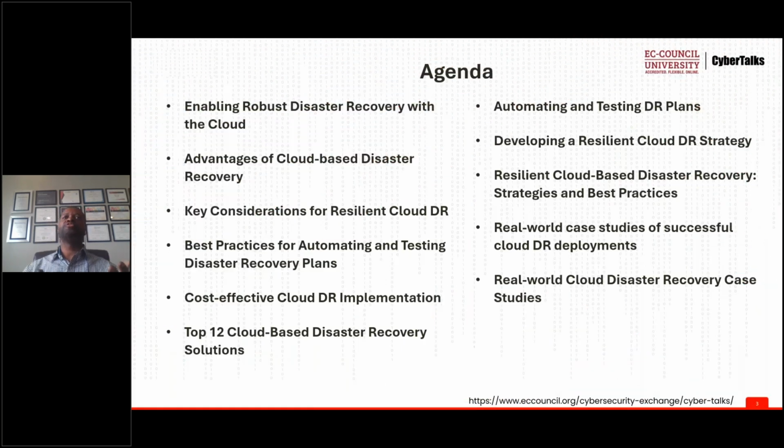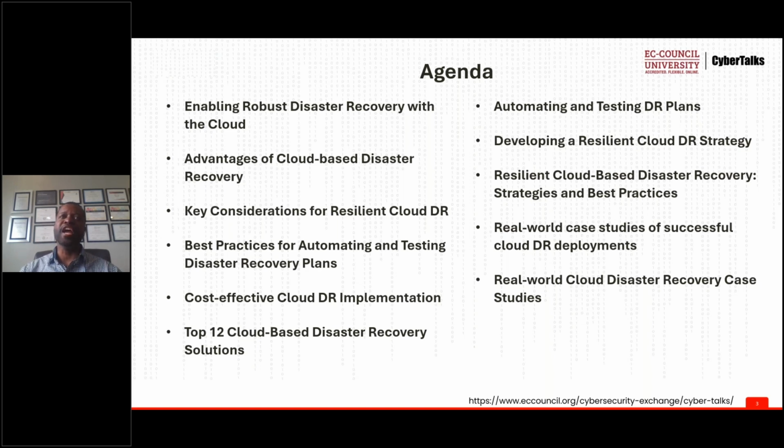First, let me walk you through what we'll be covering in our session on cloud-based disaster recovery, the latest technologies and strategies. First, we'll begin by exploring how organizations are enabling robust disaster recovery through the cloud. Then we'll dive into the key advantages of cloud-based disaster recovery, not just in theory, but also in real-world impact.